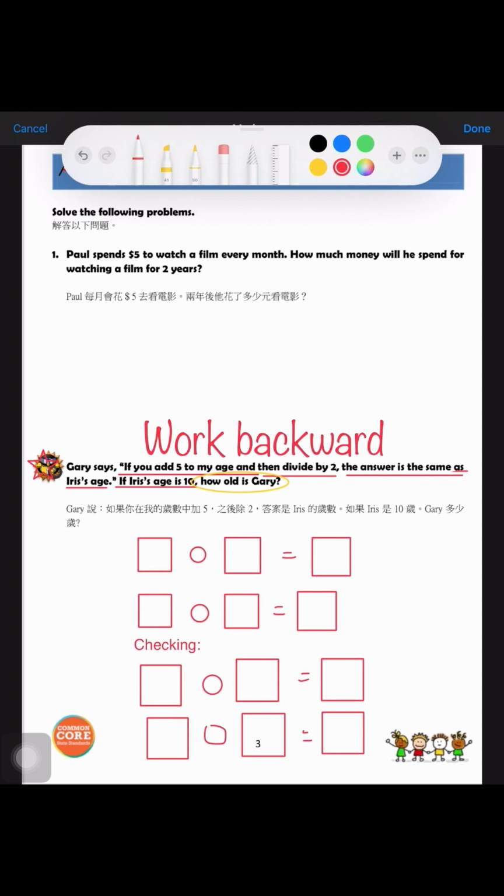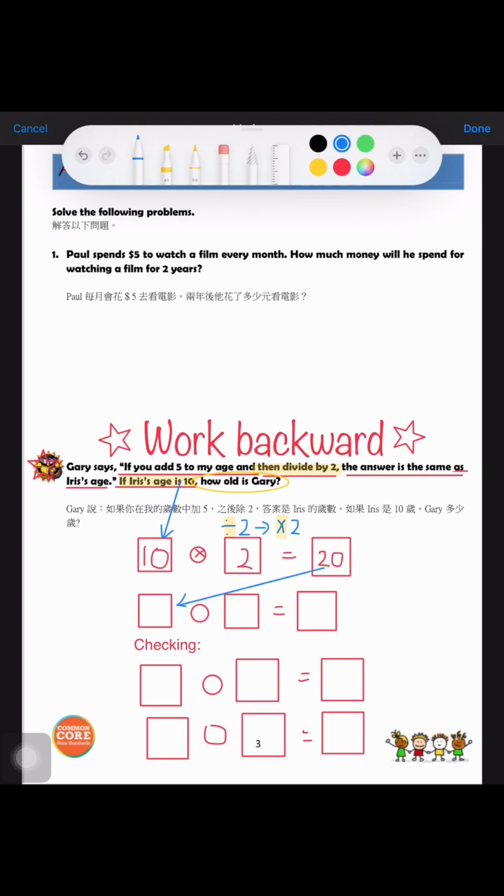For this, we may use work backwards again. We know that Iris' age is 10, so we'll start by 10. So he divided his age by 2 to get Iris' age. So we turn divided by 2 to times 2. We change divide to times and work backwards. So 10 times 2 equals to 20.